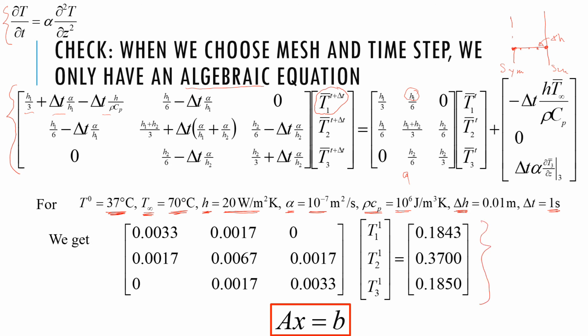Now would you believe that it's an easy thing to do? We just have to solve these three equations for the three unknowns, temperatures at the three nodes at time step 1, and then this would be used to calculate time step 2. T2 or T1 at 2 will go to T1 at 3, and so on, at different time steps.